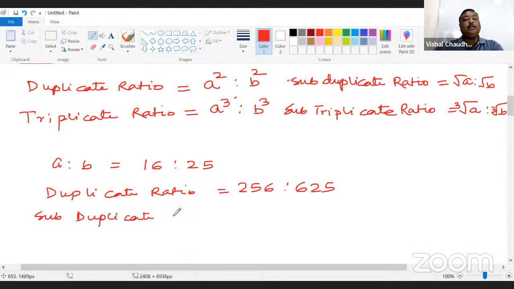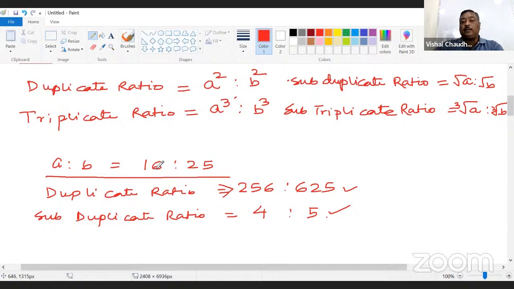Subduplicate ratio will be square root of 16, that is 4, and square root of 25, that is 5. Did you get my point?